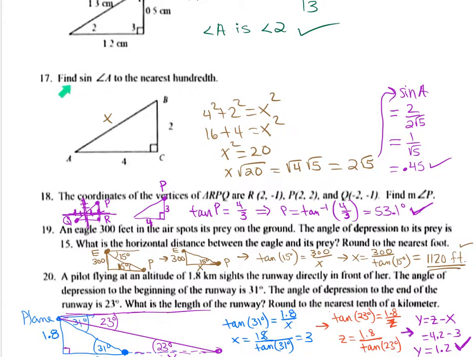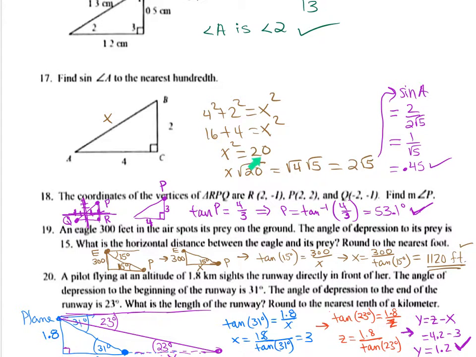Number 17, it says find the sine of angle A to the nearest hundredth. Well, here's angle A, and we know that the sine of angle A is opposite over hypotenuse. So we'd have to find the hypotenuse first. We'll call it X. Using the Pythagorean theorem, we have 4 squared plus 2 squared equals X squared. 4 squared is 16, 2 squared is 4, 16 plus 4 is 20.